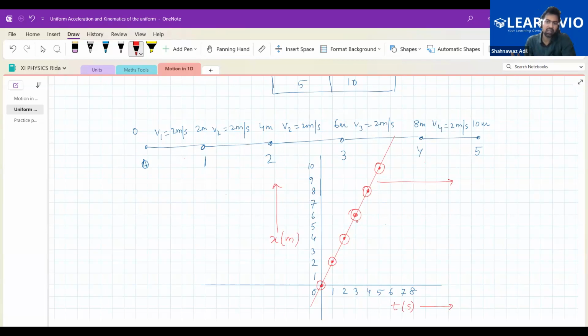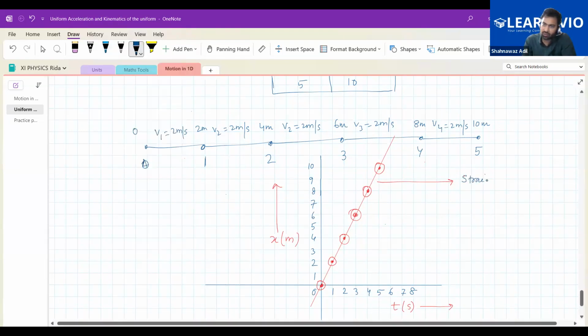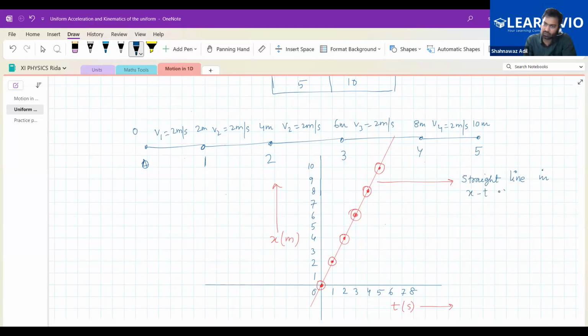So what can we infer? A straight line in an x-t graph represents uniform motion. Clear?